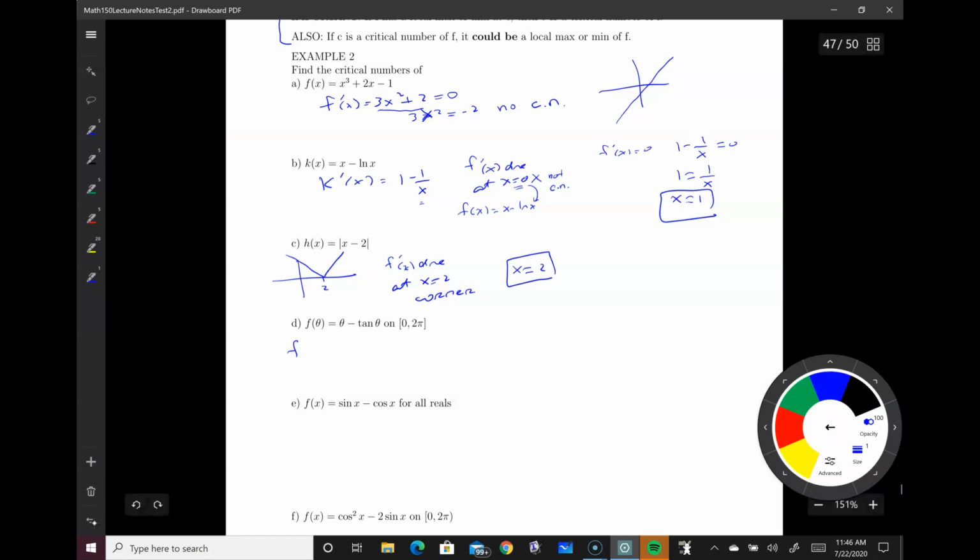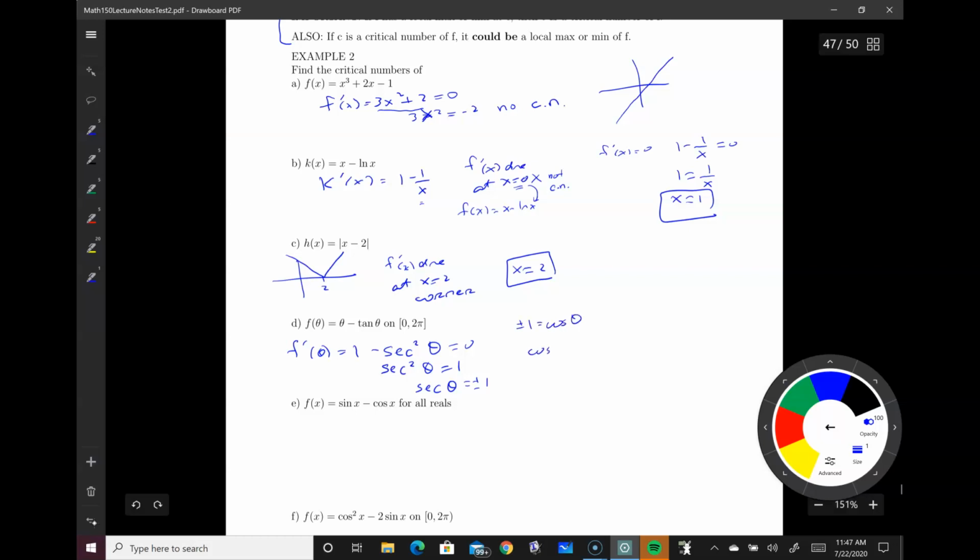All right, so dealing with different letters here, the derivative of theta is 1. The derivative of tangent is secant squared of theta. So setting this equal to 0, I get secant squared of theta is 1. Taking the square root, I get secant of theta is plus or minus 1. I like to deal in terms of sines and cosines. So cross multiplying, I get plus or minus 1 is cosine.